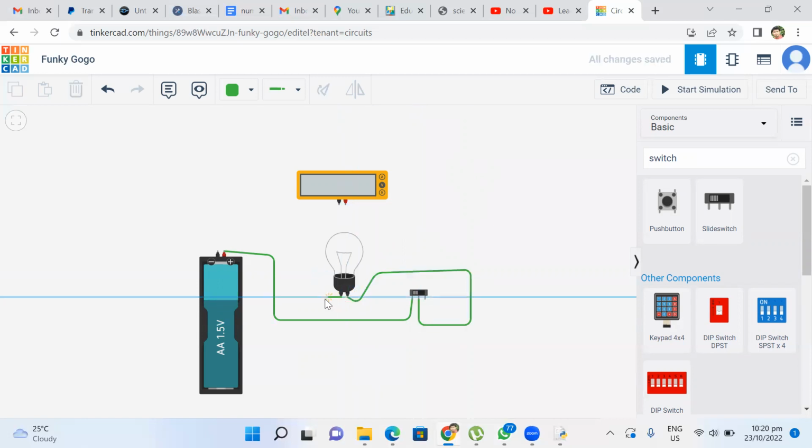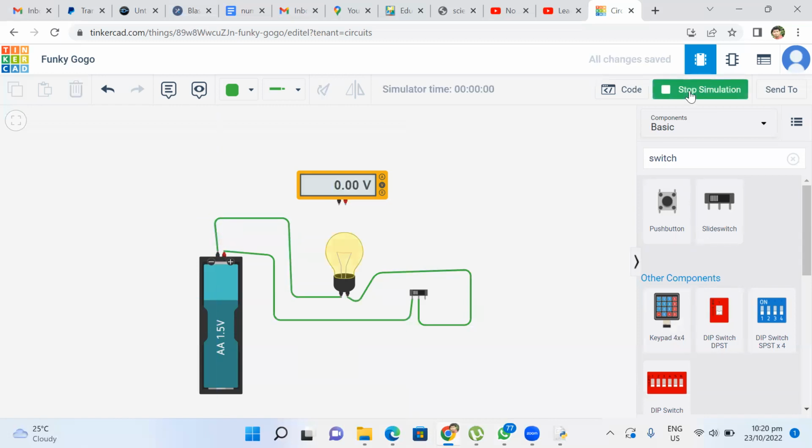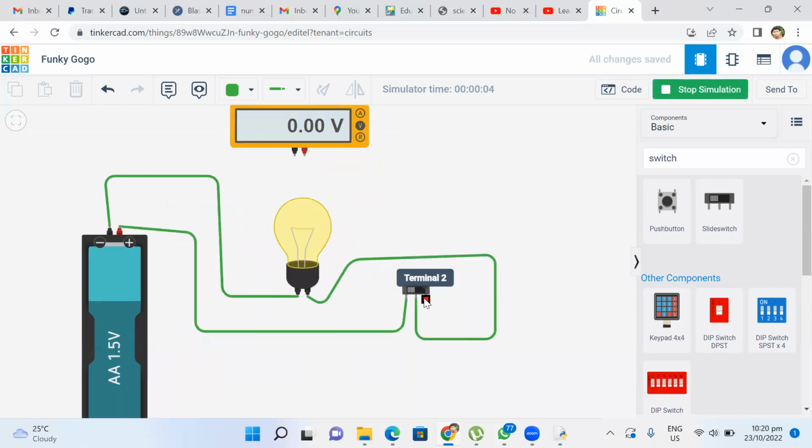Then the negative edge, let's connect that to the switch, sorry, to the negative edge here. Let's try this, and you can see, oh, sorry.